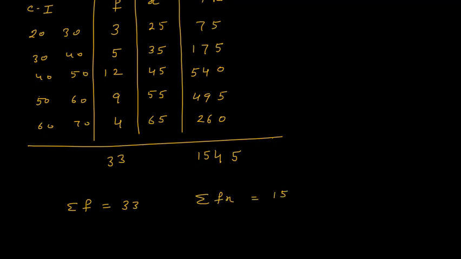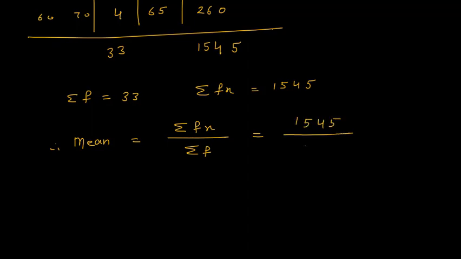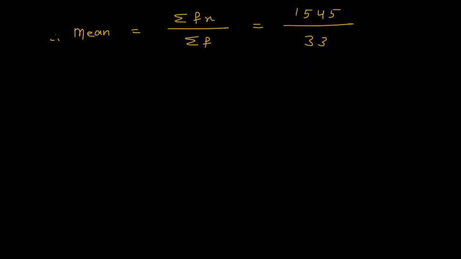Therefore we say that the mean value is summation of fx upon summation of f. So this is 1545 divided by 33. So 5 plus 1 is 6, 6 plus 4 is 10, 10 plus 5 is 15.